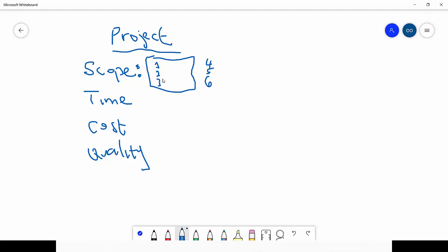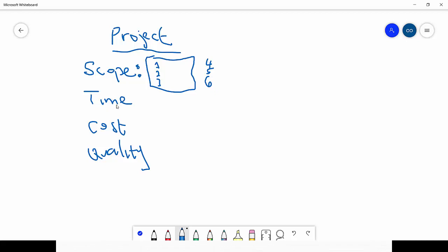So just know that the scope of any project is the boundaries, what determines what comes into the project, what you are supposed to be doing in the project, as opposed to what stays out. That's the scope of any project.